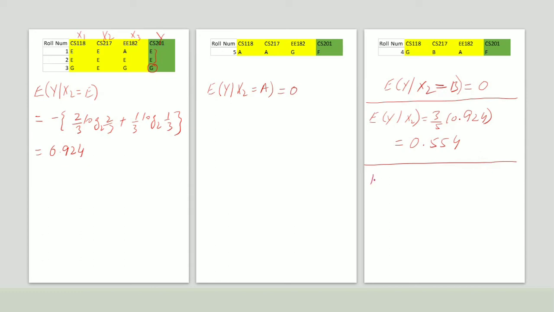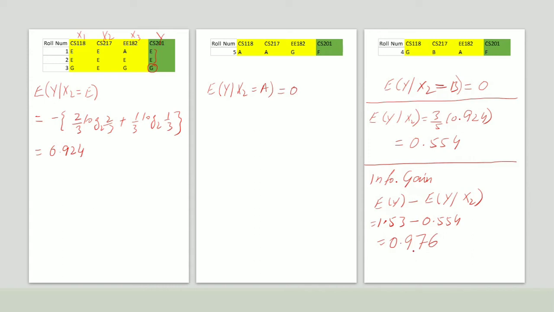The information gain for this column would be entropy of y minus entropy of y given column X2, which is 1.53 minus 0.554, which is equal to 0.976.